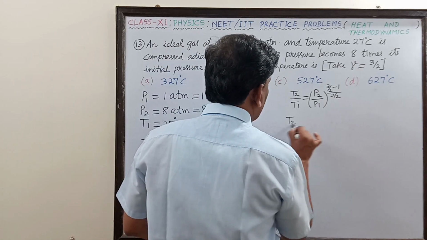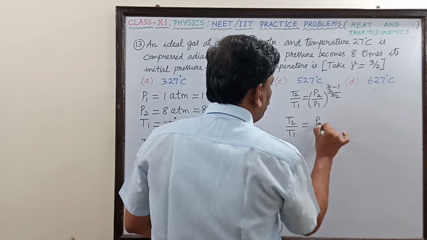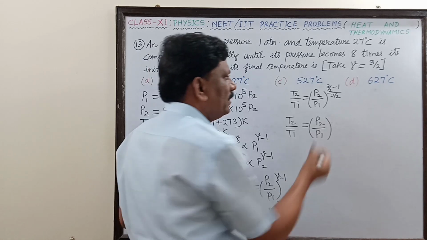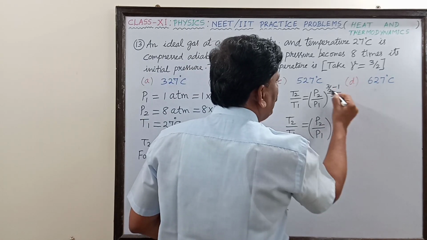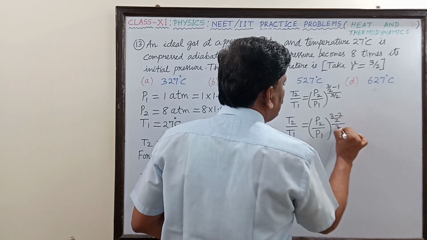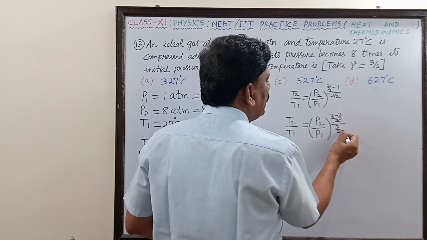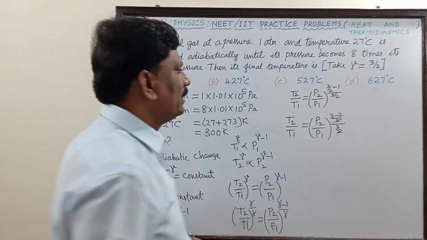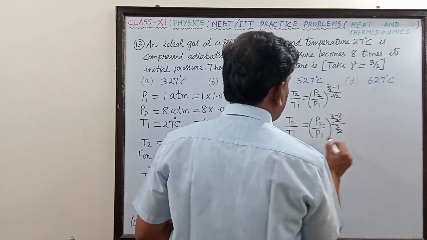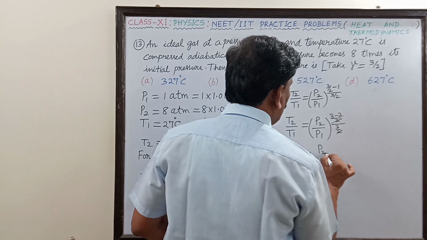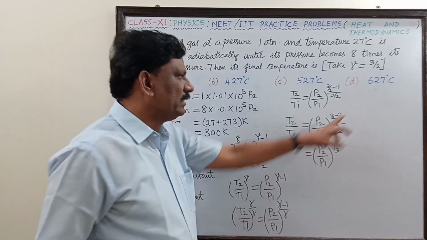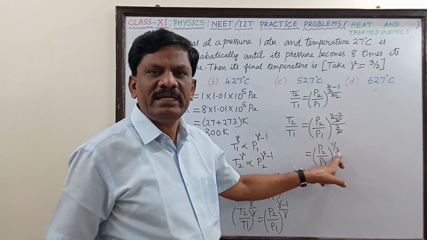Now T2 by T1 is equal to P2 by P1 raised to the power 3 by 2 minus 1, that is 3 minus 2 by 2, whole divided by 3 by 2. So this 2 and 2 get cancelled. Now you will see that 1 divided by 3 by 2 gives 1 by 3, so this is equal to P2 divided by P1 whole to the power of 1 by 3.